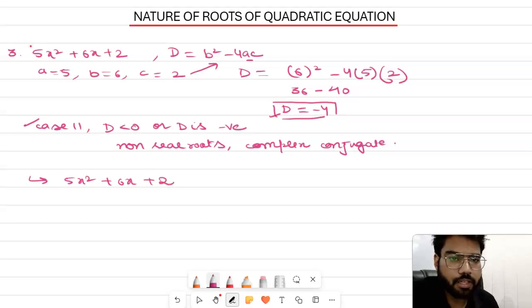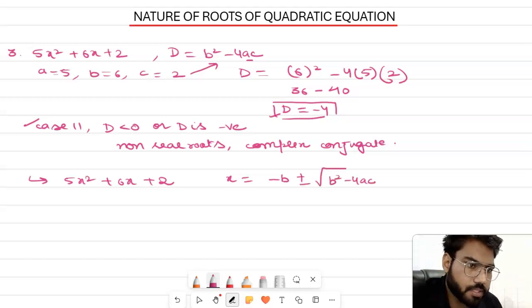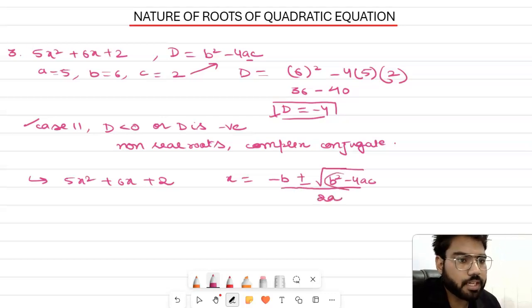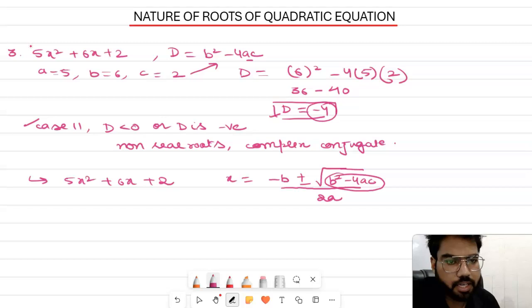Now we will find the roots of this equation using Sridharacharya formula, that is x equal to minus b plus minus root b square minus 4ac upon 2a. So this is clearly the value of discriminant. So now we know that for this equation the value of discriminant is minus 4.